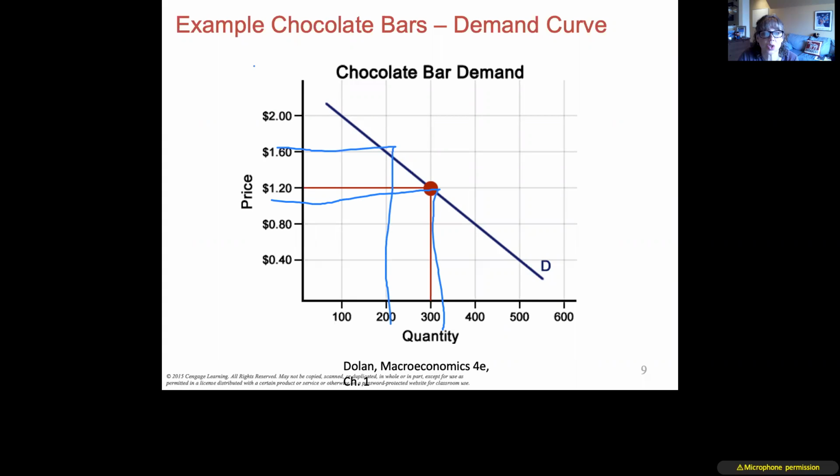And at $2, the demand was going to be 100. Each one of these points then becomes a point on our demand curve, and we are now able to what? Plot a demand curve. The demand curve has an inverse relationship, as you can see. As the price goes up, the quantity goes down. As the price goes down, the quantity goes up, and this becomes the demand curve for chocolate bars.